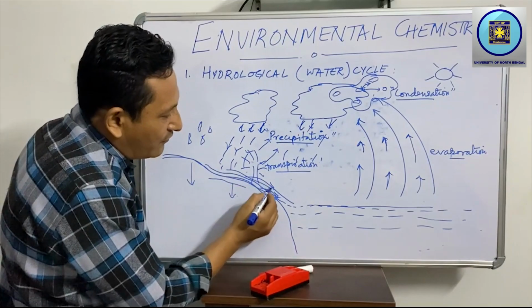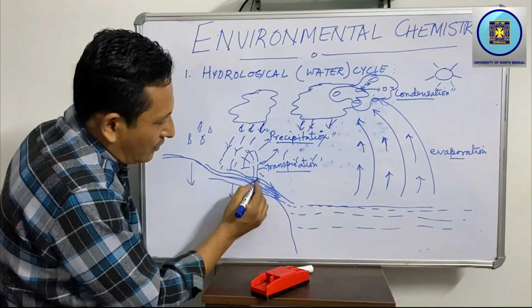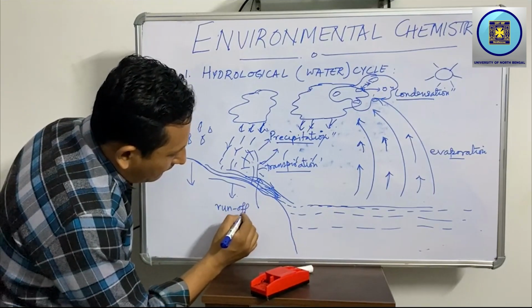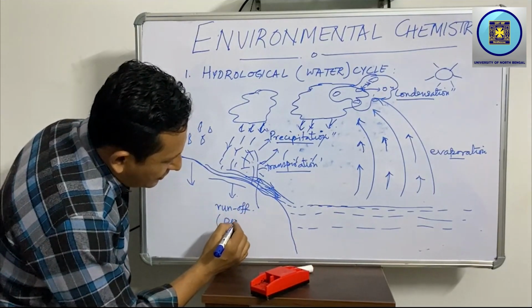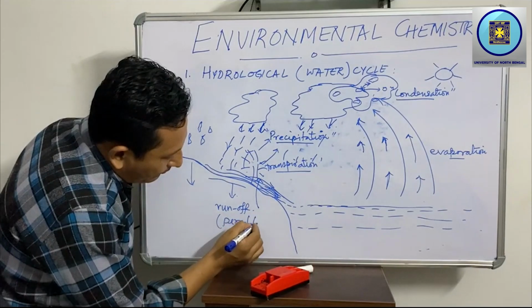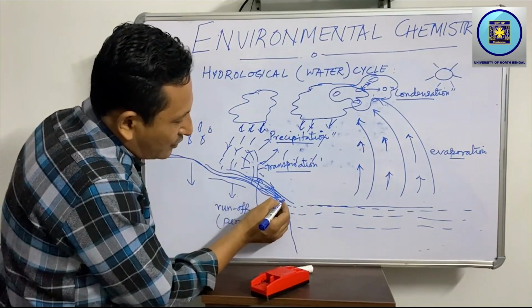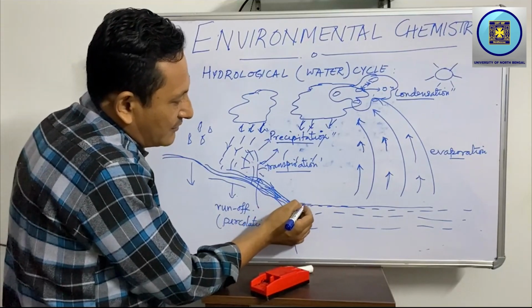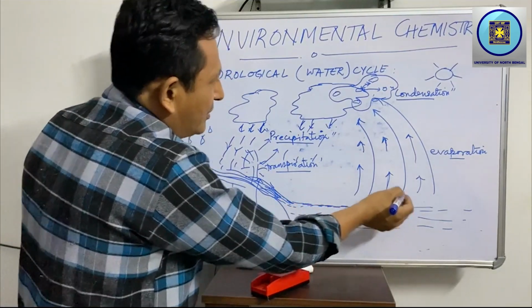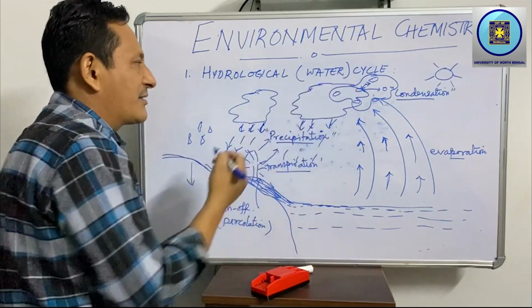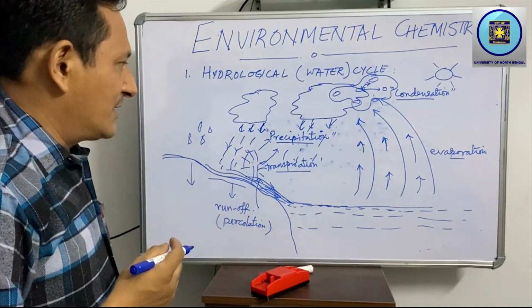We call this runoff or percolation. And this is the final stage, after which the water again comes back to the ocean. So this continuous never-ending process is known as the water cycle or the hydrological cycle.